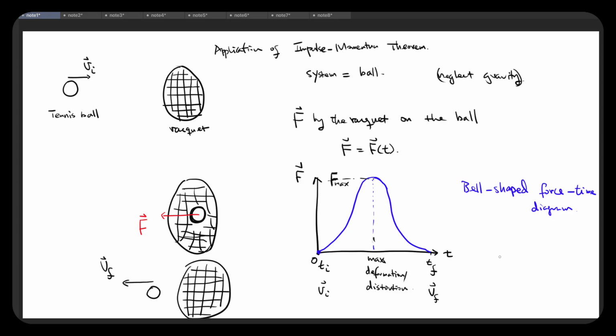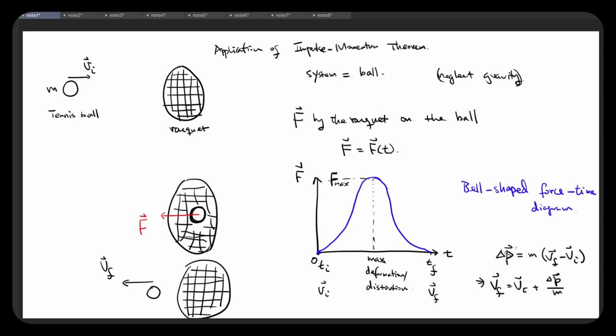So let's talk about delta p, which is the mass of the tennis ball times the velocity change, and then we get this final velocity from the initial velocity plus delta p over m.